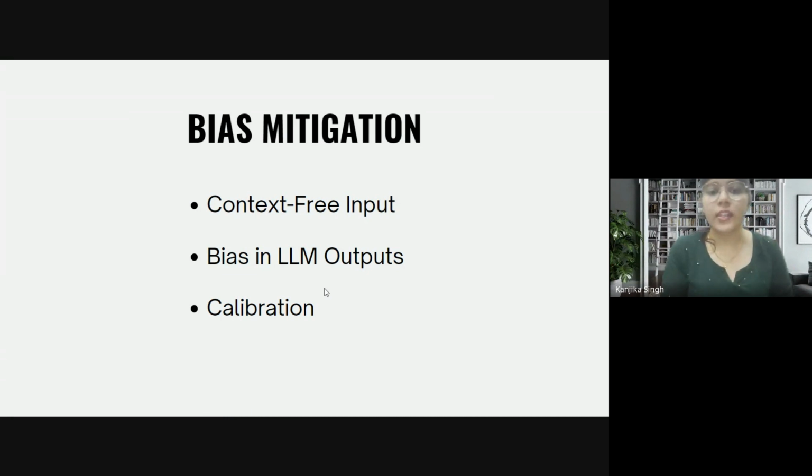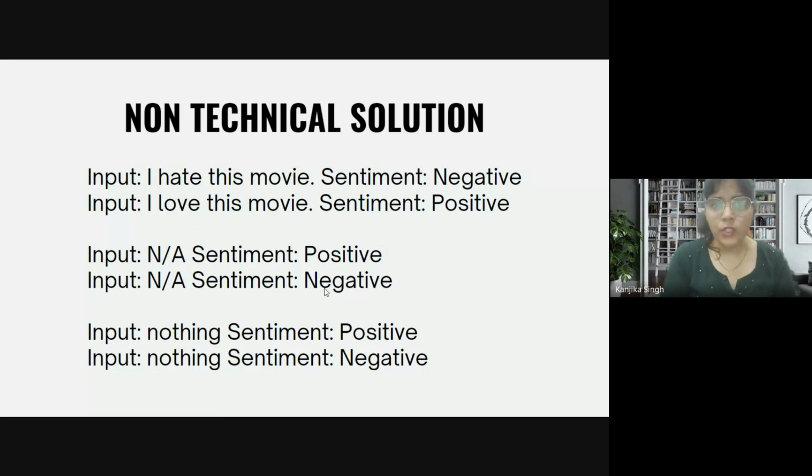We use a technique called calibration to eradicate this biased behavior of data and response. First, we'll look through the non-technical solution. Suppose we have an input; as I said, hate means a negative sentiment, and love means a positive sentiment.